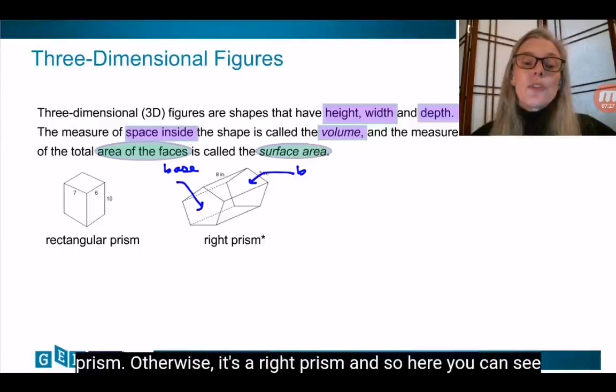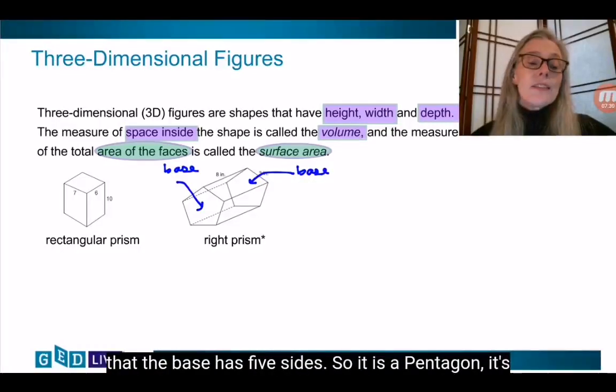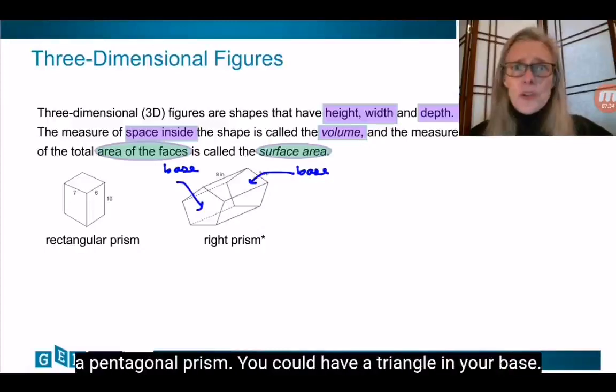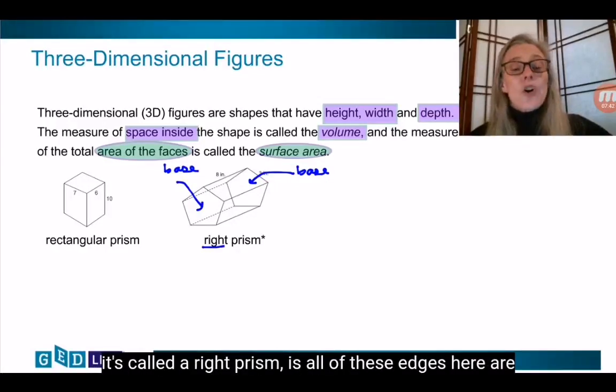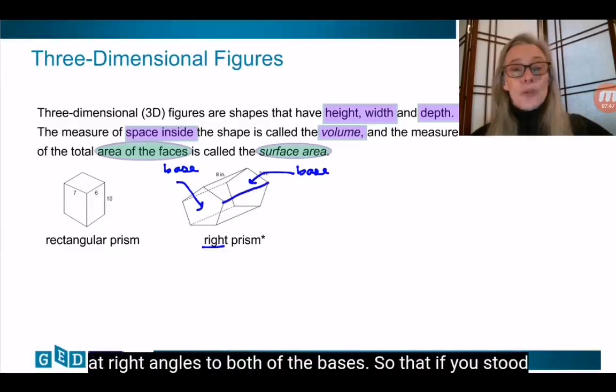And so here you can see that the base has 5 sides. So it's a pentagon. It's a pentagonal prism. You could have a triangle in your base. You could have a hexagon in your base. But the reason why it's called a right prism is that all of these edges here are at right angles to both of the bases.